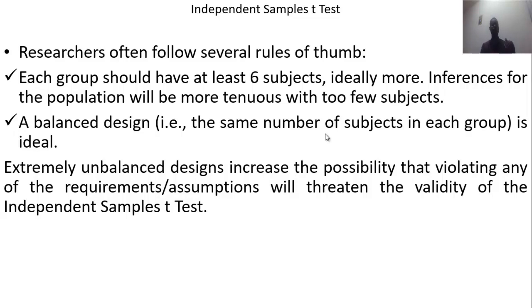If one group is larger in number than the other, then this will distort the value. Extremely unbalanced designs increase the possibility that violating any of the assumptions or requirements will threaten the validity of the independent sample t-test. It will make the output of the test invalid.